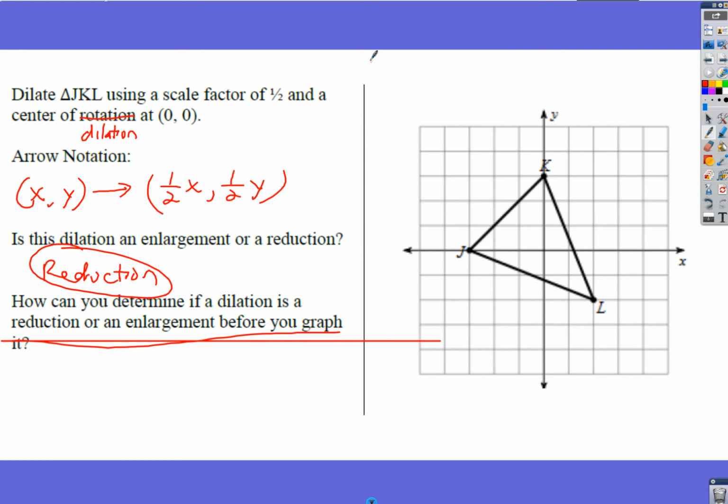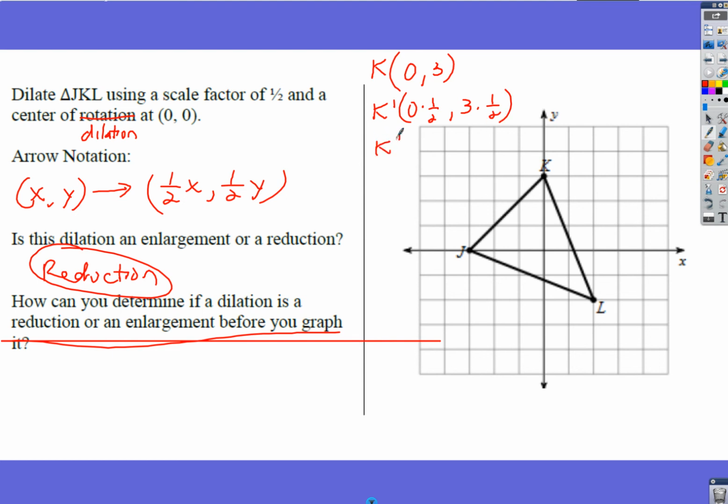We gotta get each of these points, so we gotta see where they're at. So let's do K first. K presently is at 0, 3. Okay, so K prime is gonna be at 0 times 1/2 and 3 times 1/2. Oh, I already wrote it. So you just multiply the scale factor times each x and y. So 3 times 1/2.